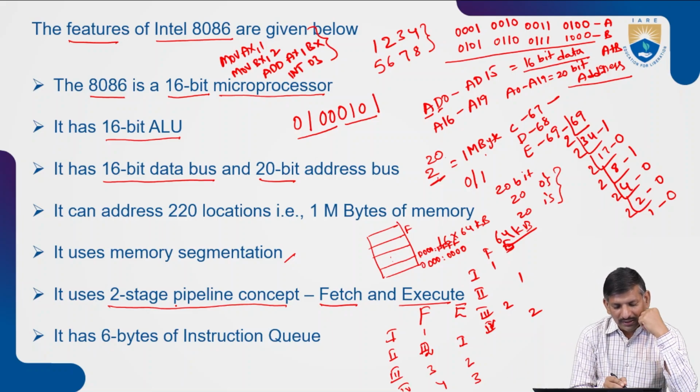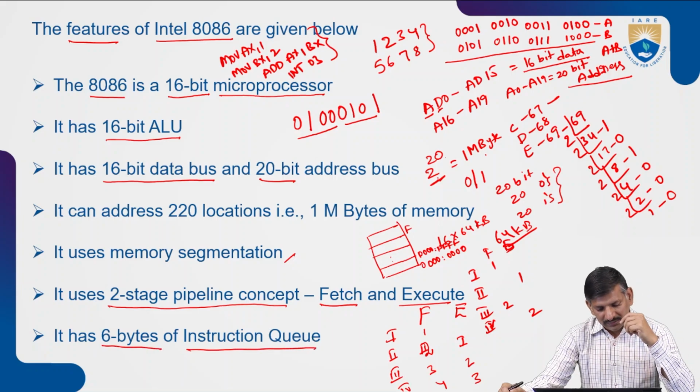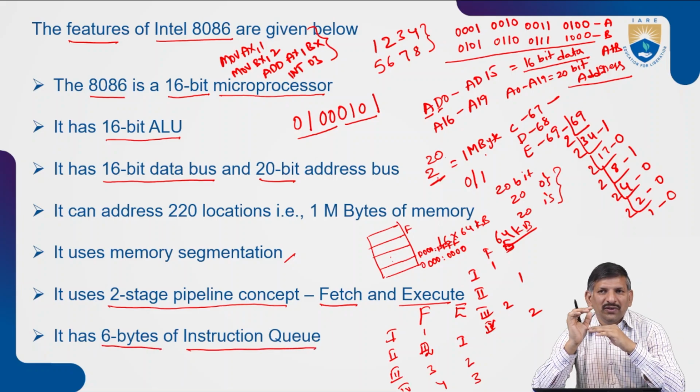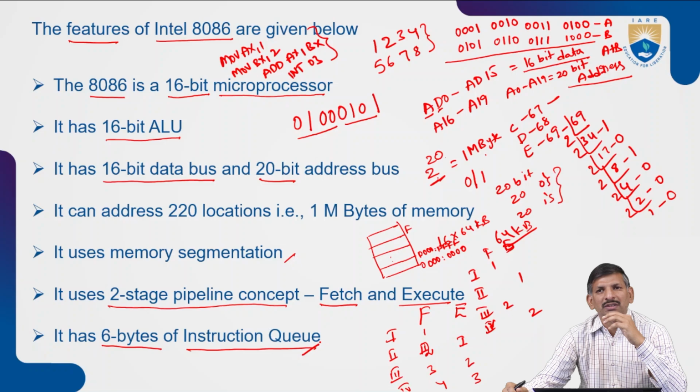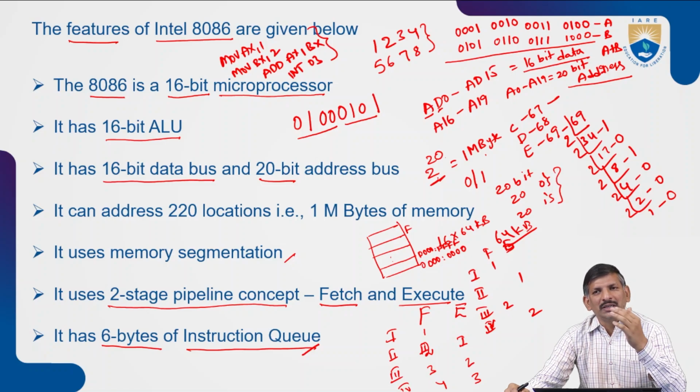Next, it contains a 6-byte instruction queue. It contains a program counter, and it prefetches the instructions. While prefetching, that information is stored in the instruction queue. Instead of fetching the instructions while doing the operations, we can prefetch.